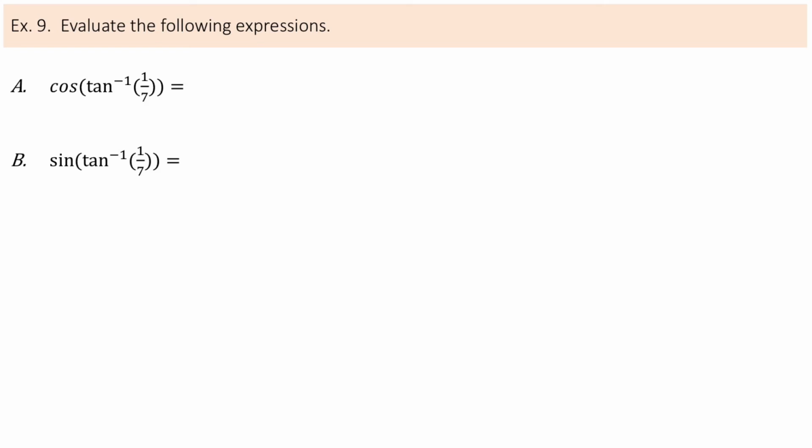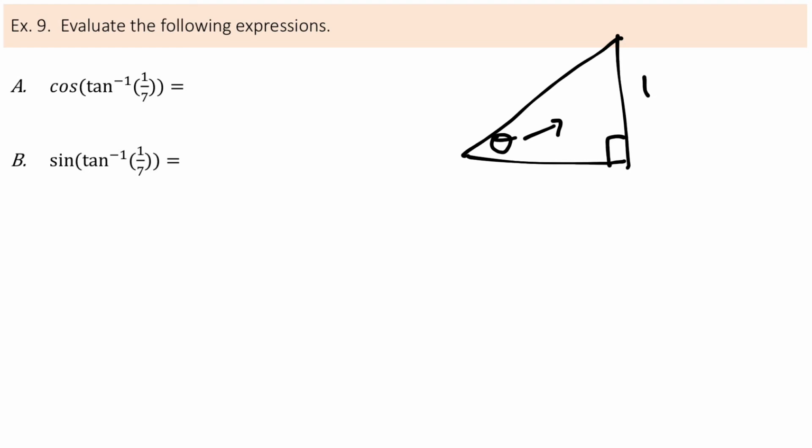So what we're asked is find the cosine of an angle where the angle is defined by the angle who has a tangent of 1/7. All right, so if I draw a generic triangle here, and let's just randomly say this is my acute angle theta. So the tangent is 1/7, so this is my opposite side over here. So that's your 1, and your adjacent side is 7.